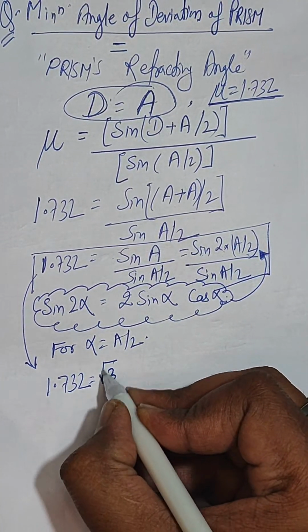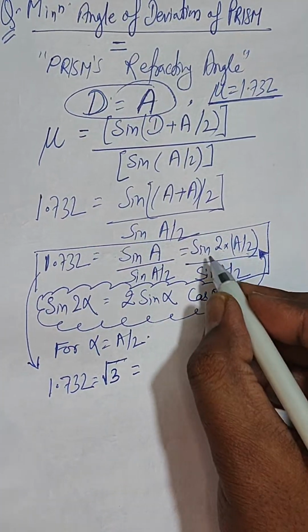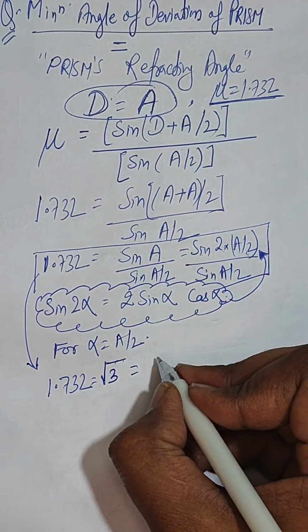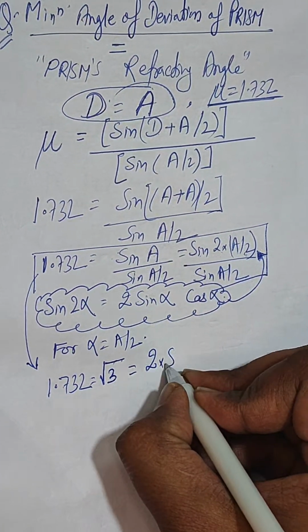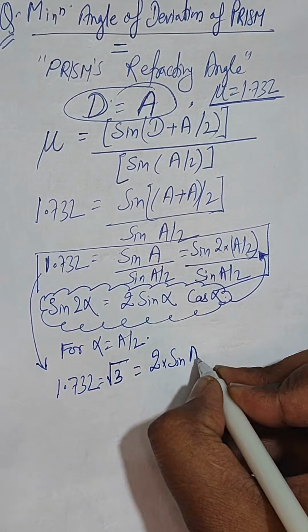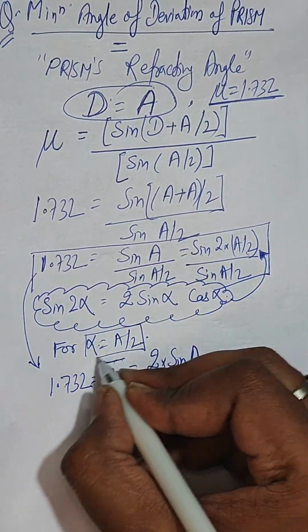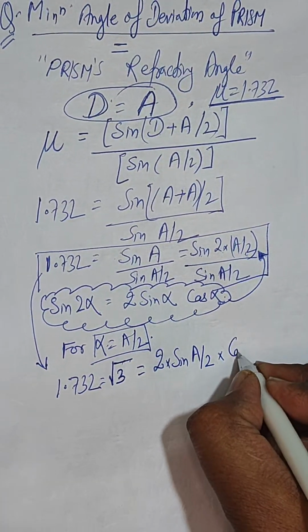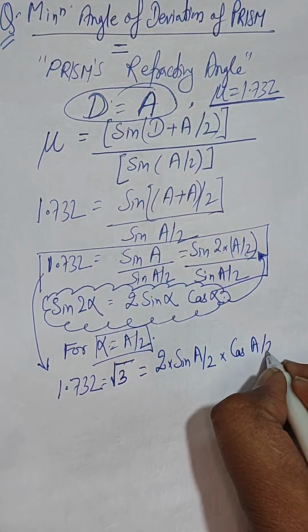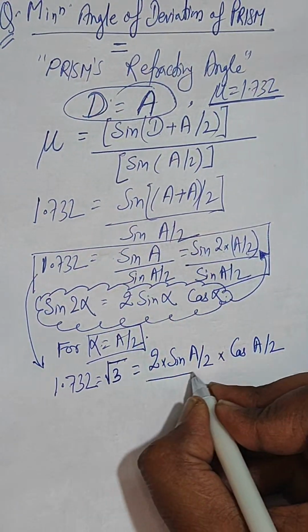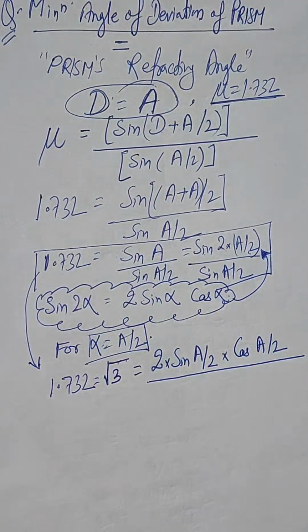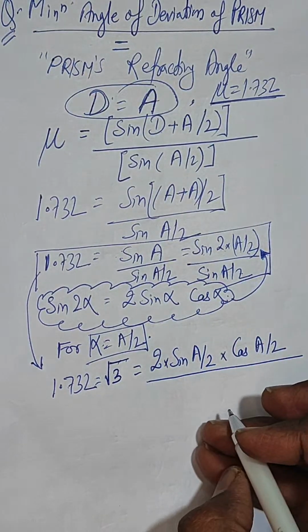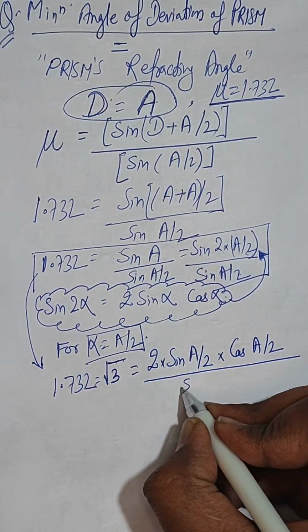The value of root 3 is equal to sine 2 alpha. Sine 2 alpha is 2 times sine alpha, and since alpha is equal to A by 2, so 2 times sine A by 2 into cos A by 2, isn't it? Just remember the formula of sine 2 alpha, right? And in the denominator it's sine A by 2 already there.